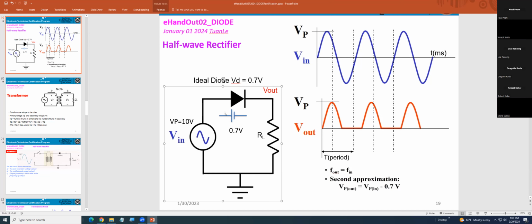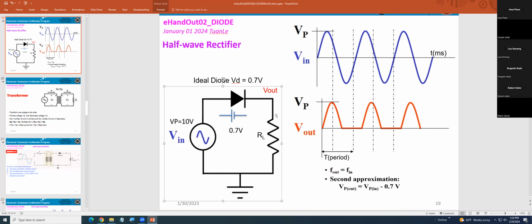When the diode is forward biased, it looks like a wire, and the voltage will be 0.7 here. So that's why it allows the positive voltage to go to the outside, to the V out.